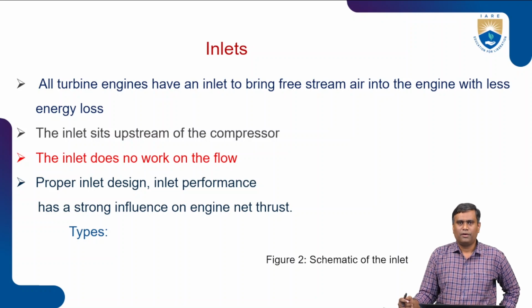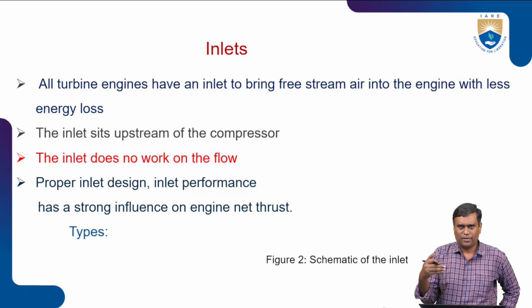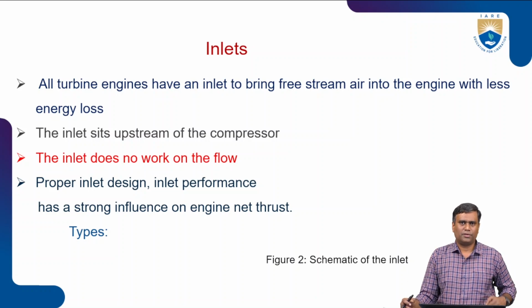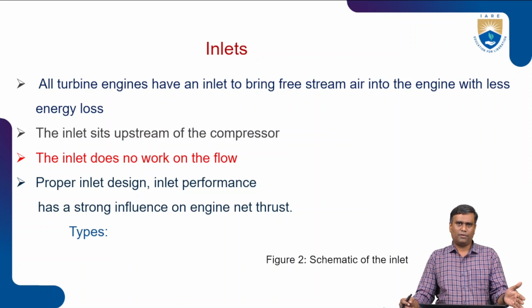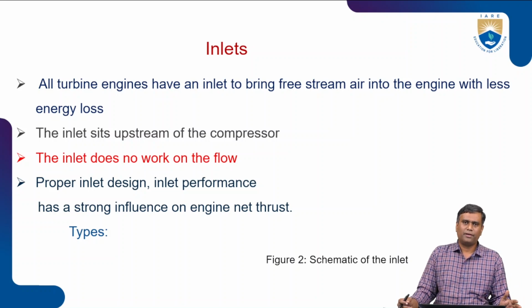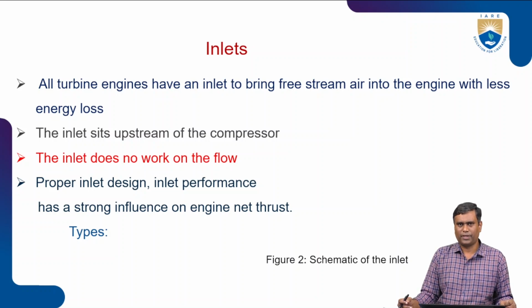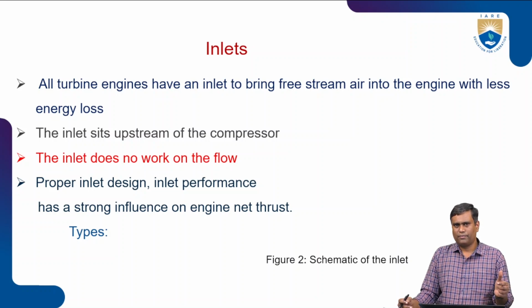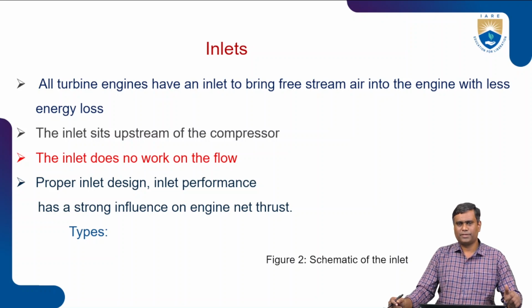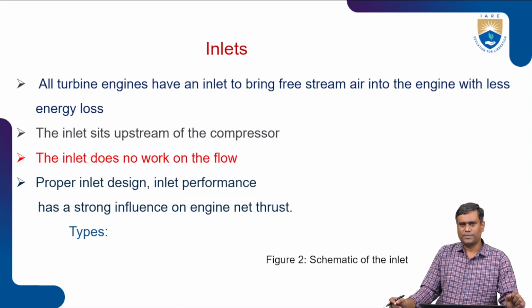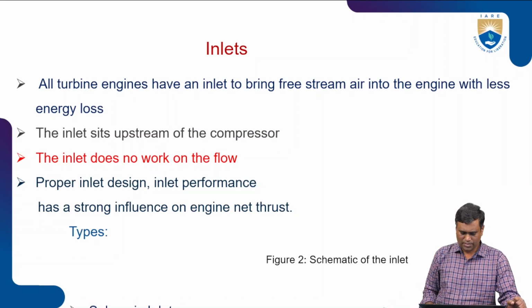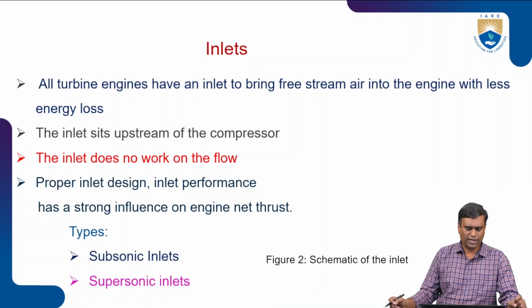Right. A good design inlet will of course compress the air ahead of the compressor, and it will transfer it to the compressor, right? And different types of inlets are subsonic inlets and supersonic inlets.